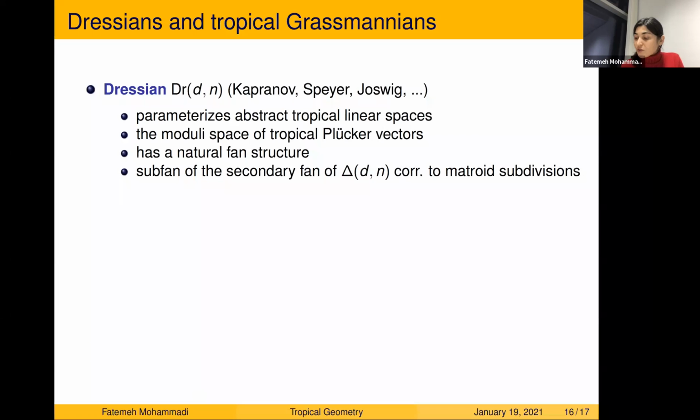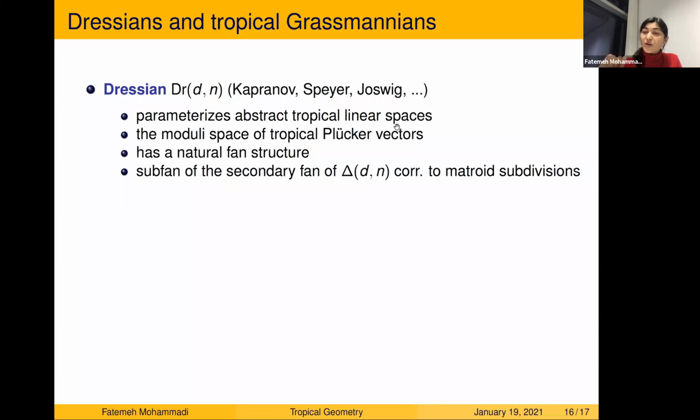Okay, so just to conclude, what we've seen is, originally I was interested in the tropical Grassmannian, which was the tropicalization of all those Plücker vectors, the tropicalization of the Grassmannian variety. But what we saw from the combinatorial point of view was that, instead of looking at the tropical Grassmannian, we looked at what we call the Dressian, and Dressians parameterize abstract tropical linear spaces.